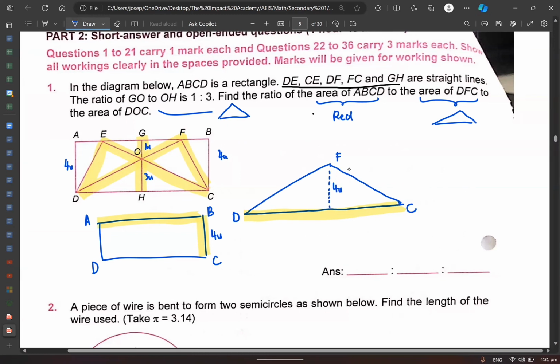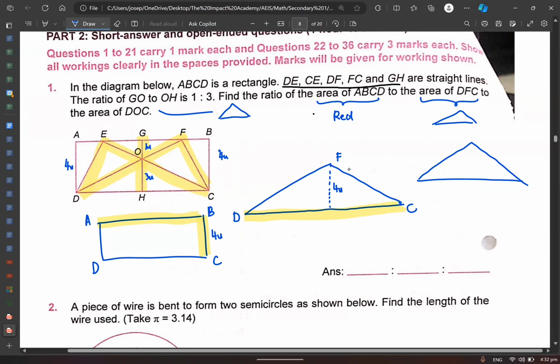Finally, DOC, which is the smaller one. I know that I need the height and of course the base. So maybe let me just note down that this is D, O, and C. What is the base? The base is basically everything over here.